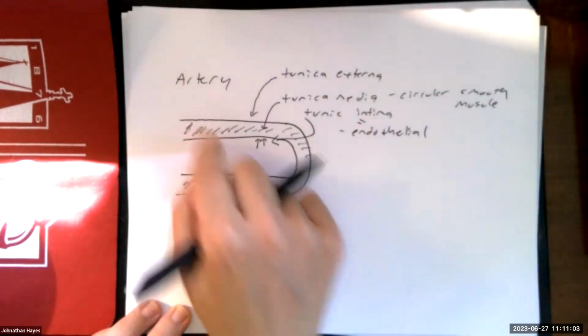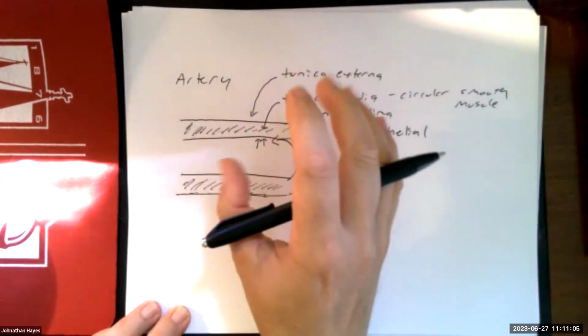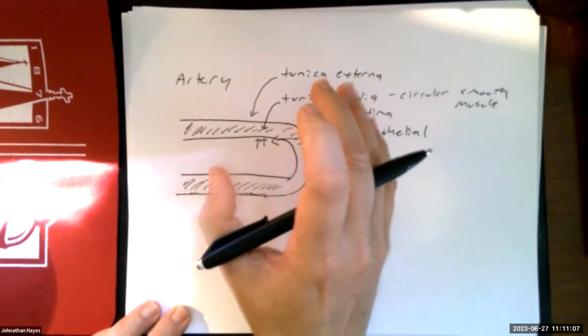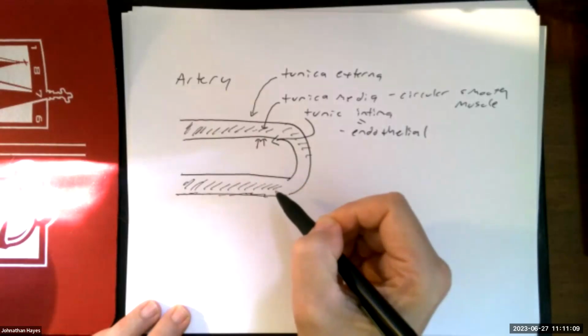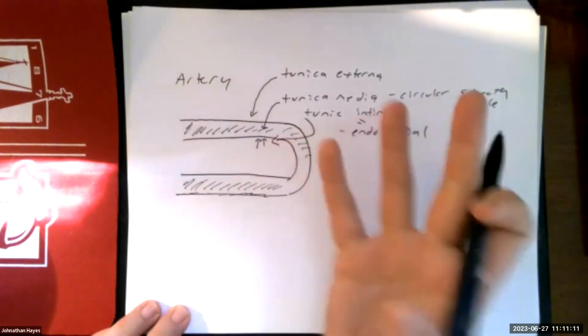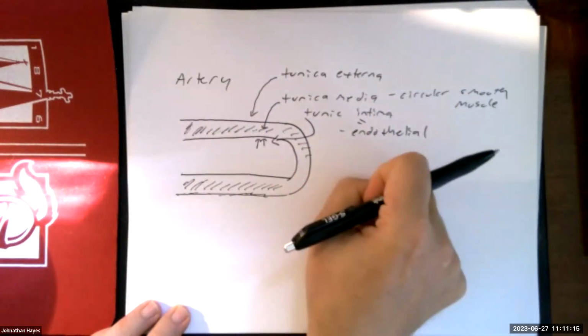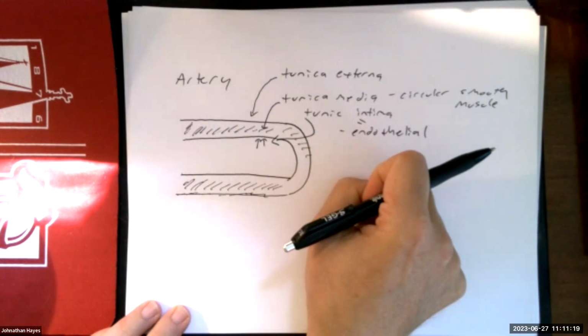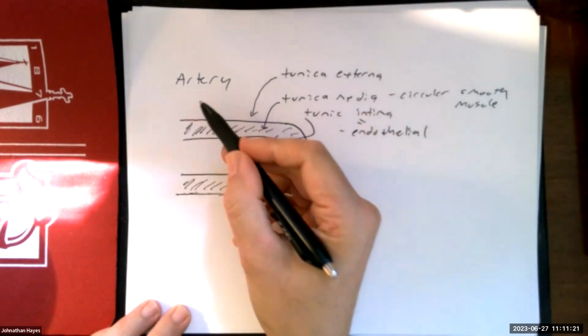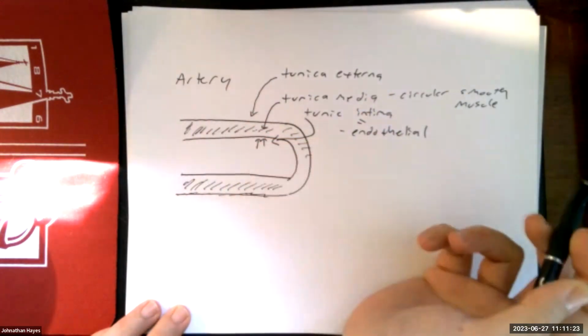What the tunica media is giving us is our ability to vasoconstrict and vasodilate. And the tunica externa is mostly going to be connective tissues that supports the overall structure, right? So collagen's a nice, strong material.